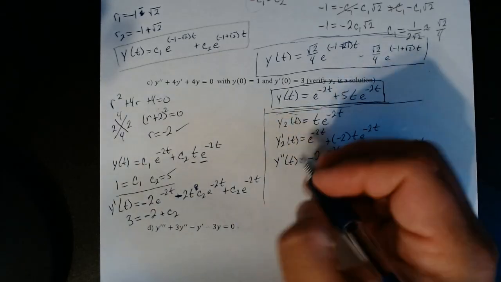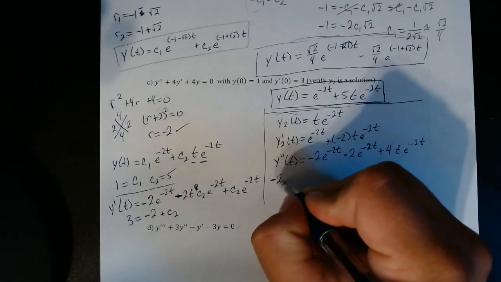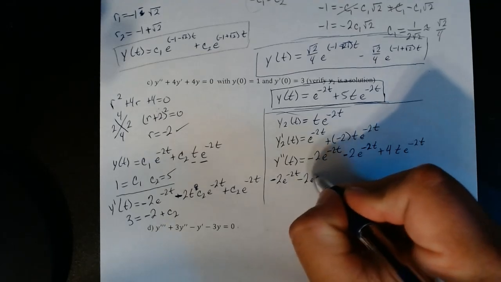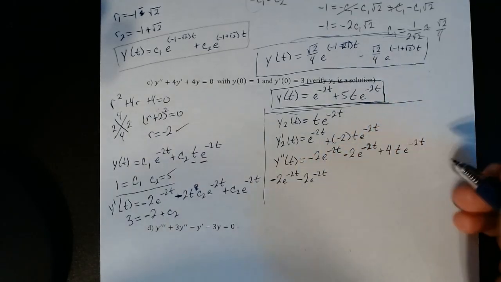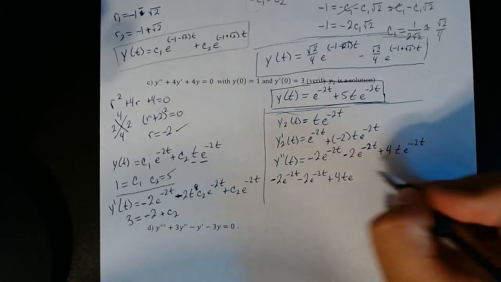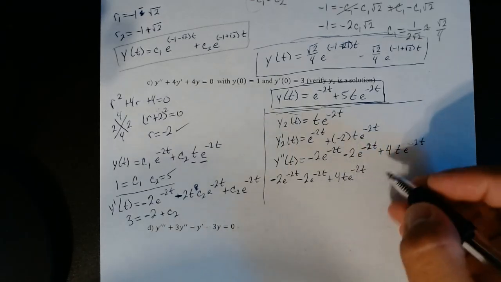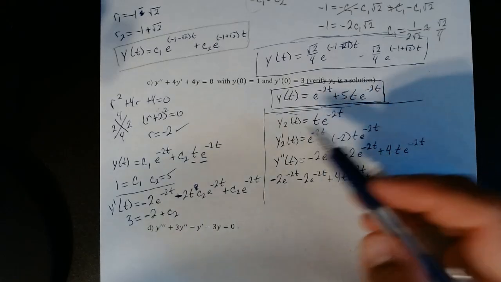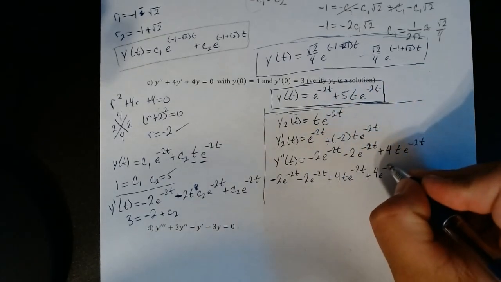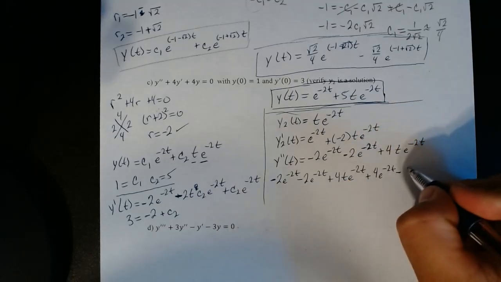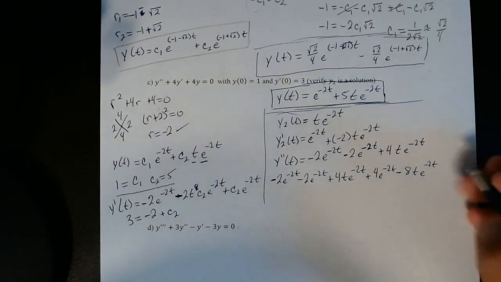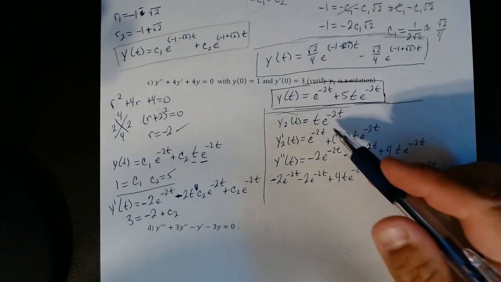So it's all of this. I guess I could put those together, plus 4 times all of this. This gives me negative 8t here, plus 4 times the original.